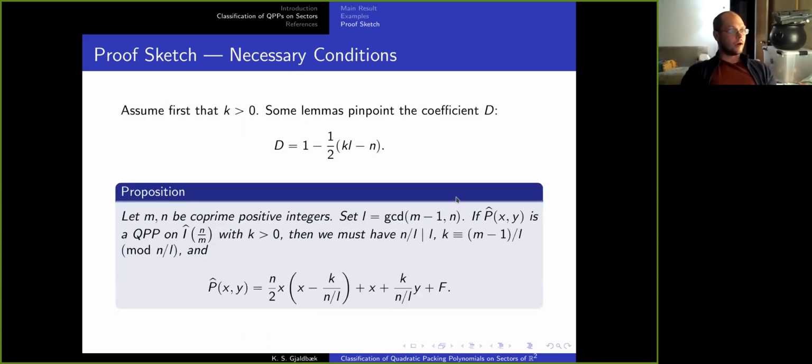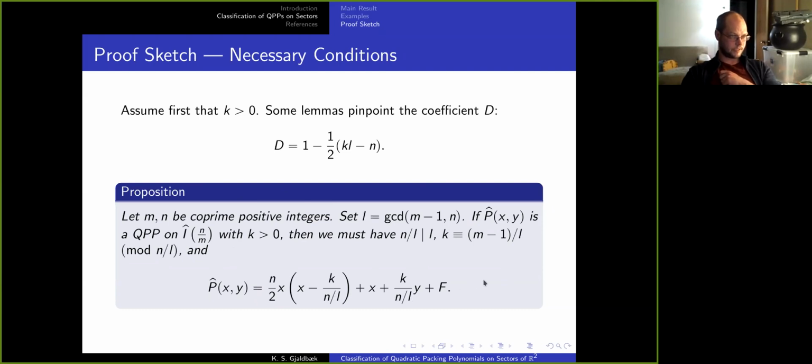So we start with assuming that k is greater than 0, and then some lemmas allow us to write d in terms of k. So remember, e was hidden somewhere in k, so we're just eliminating one term really here. But it leads to this nice improved necessary condition. If you have a quadratic packing polynomial on the transformed lattice, it must look exactly like this.